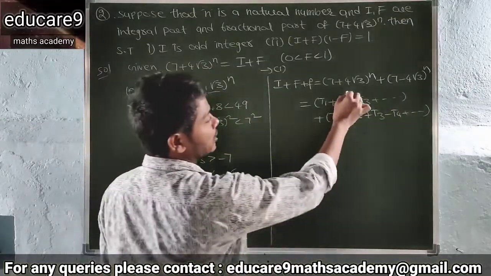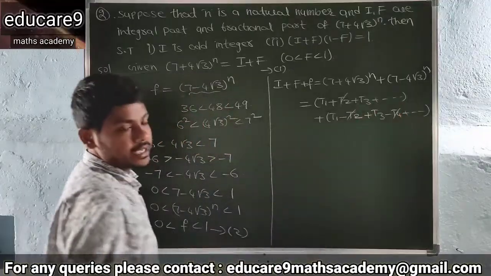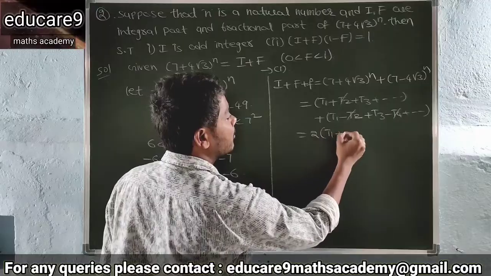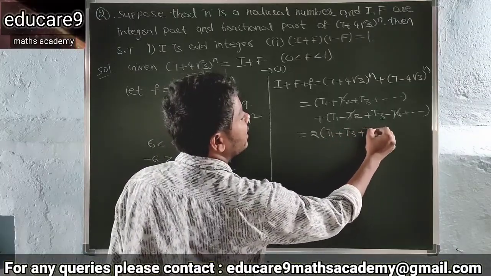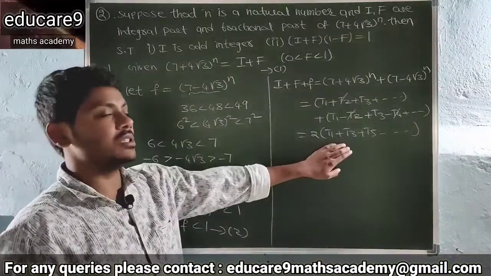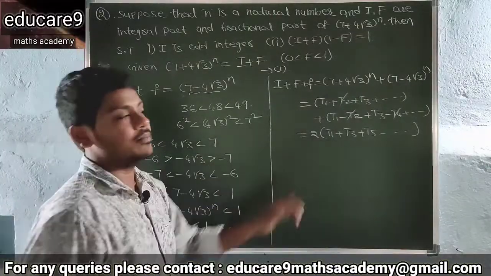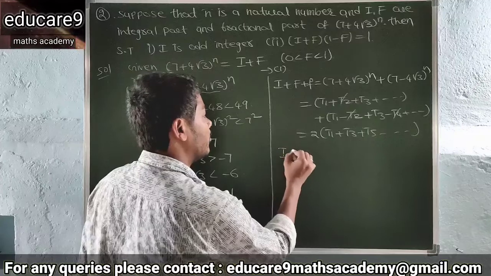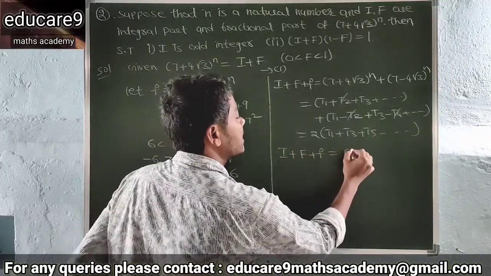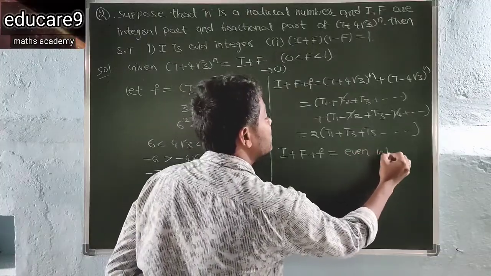So clearly t2 and t4 get cancelled. So you will get 2 times of t1 plus t3 plus t5 and so on. So clearly 2 times of this is an even value. Therefore I plus capital F plus small f is an even integer.